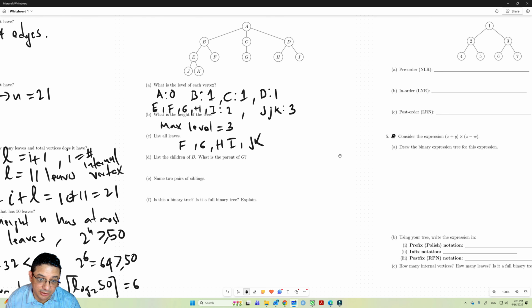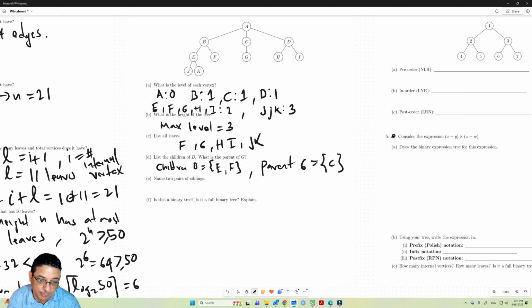Now we can list the children of B, and so if we list the children of B, it is everything that is below B. So the children of B will be E and F. So those are the immediate nodes after this. And if we think about the parent of G, then obviously that's going to be what comes above G, which is going to be the node C.